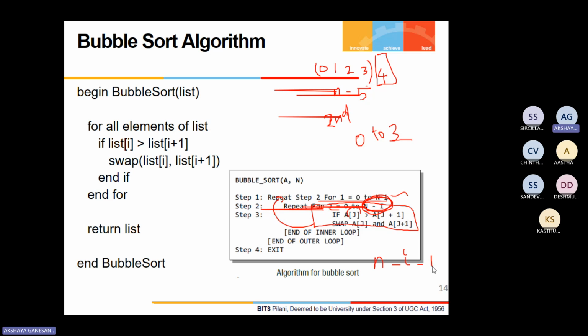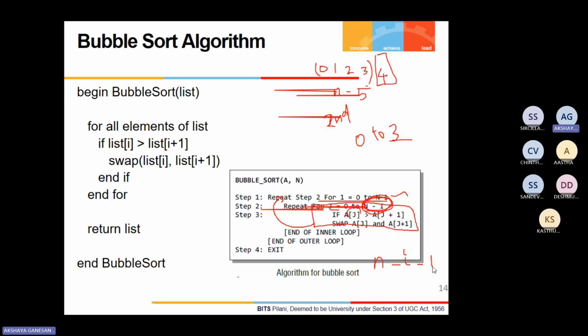So i indicates how many passes have completed. Initially i will be 0 when we start, so no element has been completed, and it will run till n minus 1. Next time, one position has already been sorted, so i will indicate the second pass.